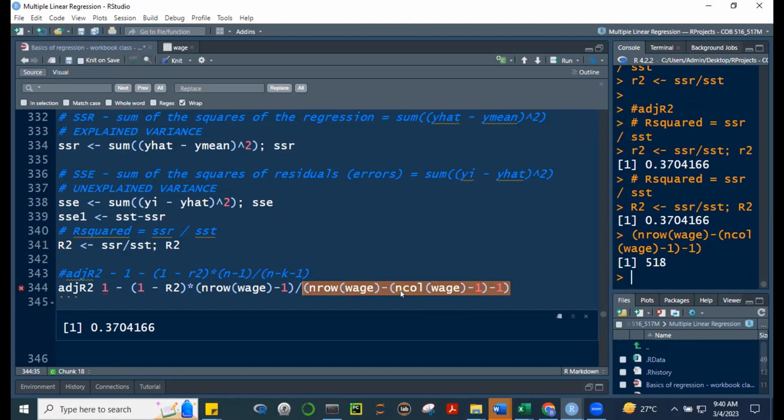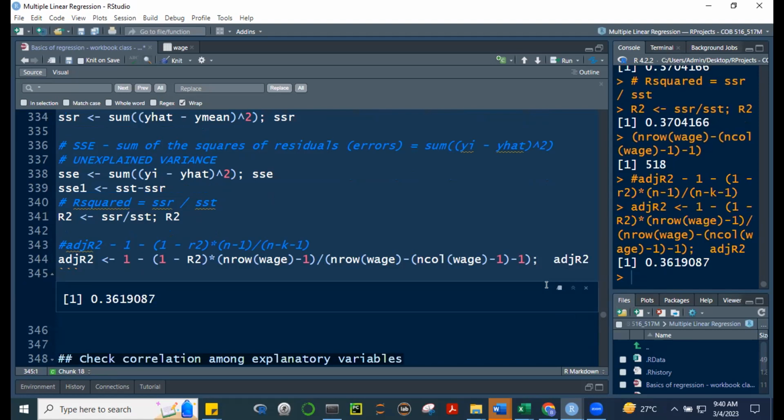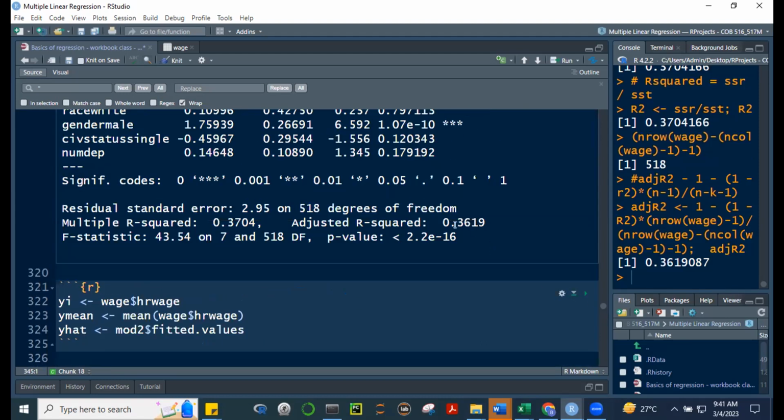What we could have done also was to do df2 is equal to this one, so that our formula here is simpler. But I leave you to do that. All right, so this is our formula, 1 minus R squared times n row minus 1 times the degree of freedom 2. Okay, if we run this, let's print ADJR2. All right, 36.19 adjusted R squared, which is what we get here, 36.19.